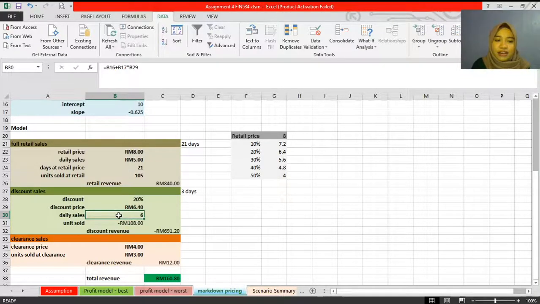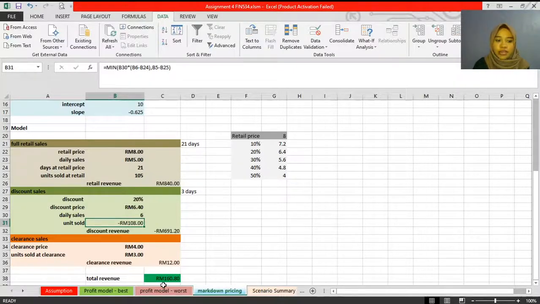So my daily sales is RM6, and my unit sold is negative 108. Okay, unit sale. So for my discount revenue I got negative RM691.20.